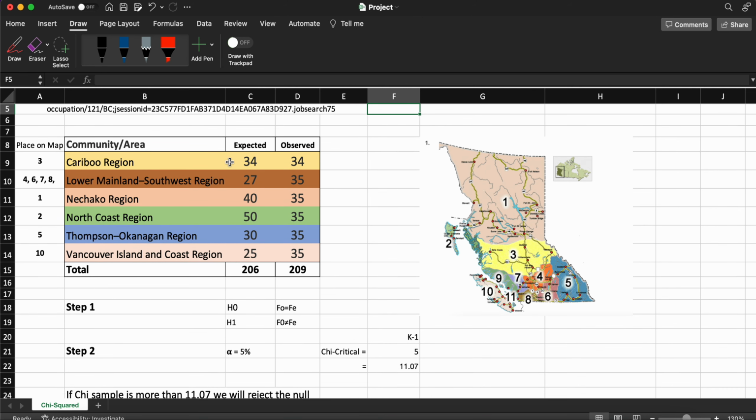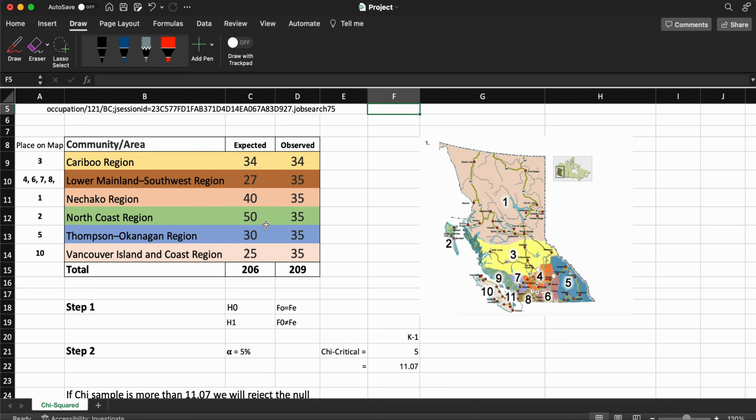So I tried to color code the regions from the data set to this map that I found online. The northern regions like Nechako and the North Coast region and Cariboo. So Cariboo would be here, Nechako is here, and the North Coast region is here.